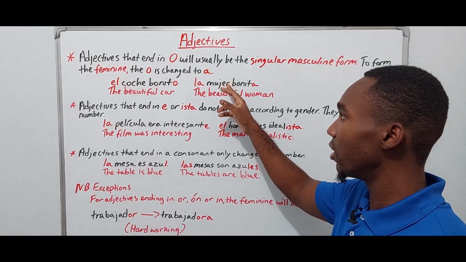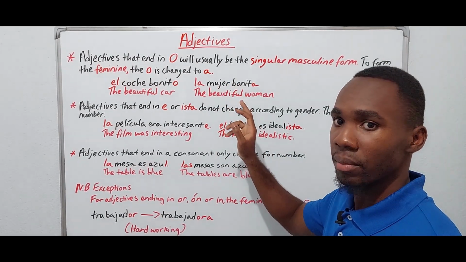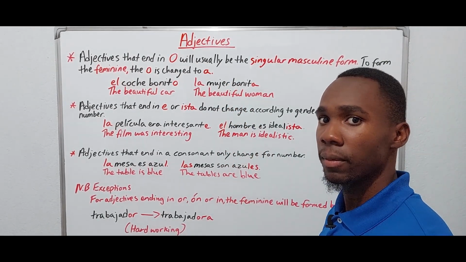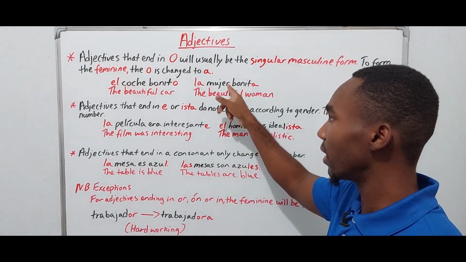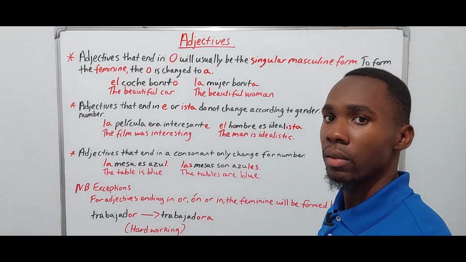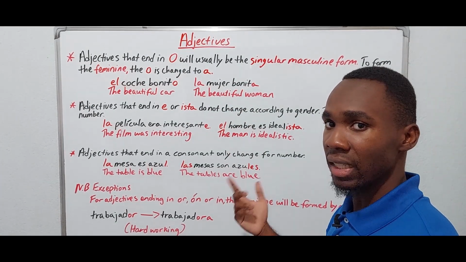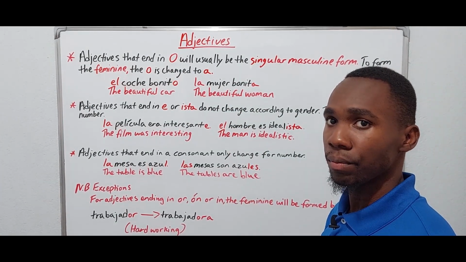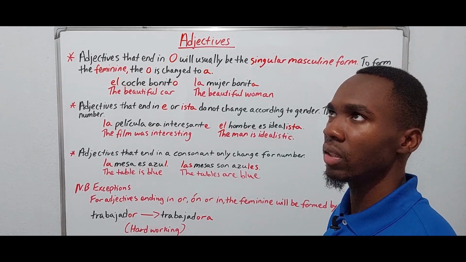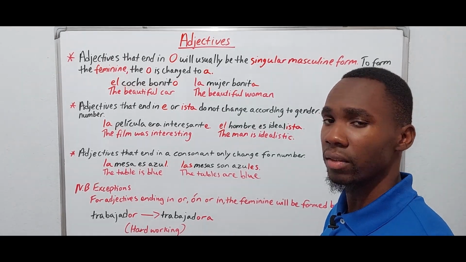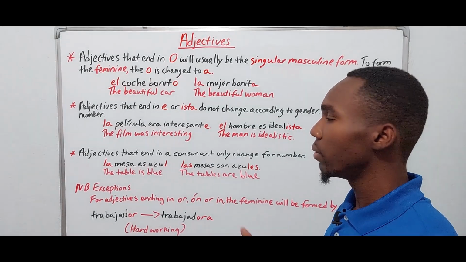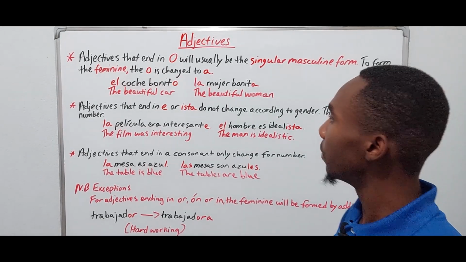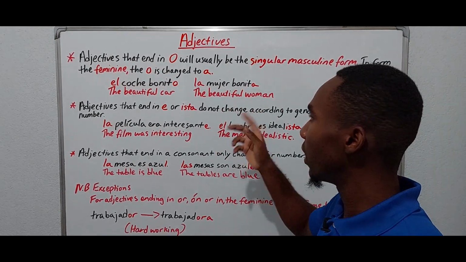And as you see, to make this plural, you would have to add es because it ends in R. Usually with consonants you add es, but it's with the O or the A that you would add an S, right? So las mujeres bonitas.